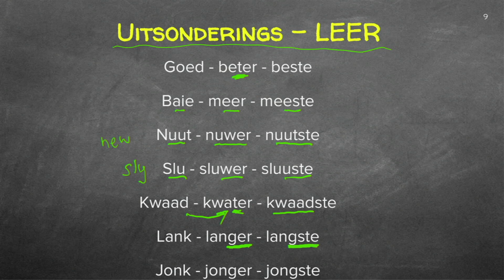The G stays and it becomes langste. The same with the word jonk. Jonk becomes jonger, the K falls away, and it stays with that in the third step, and you add your ste.